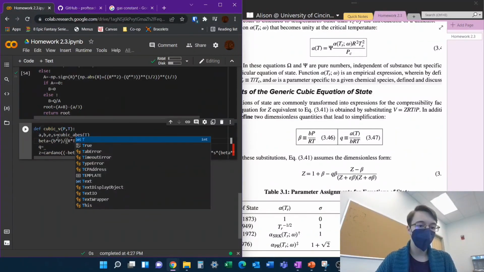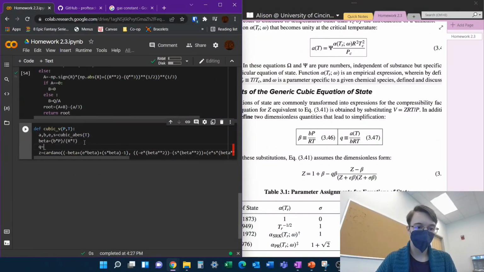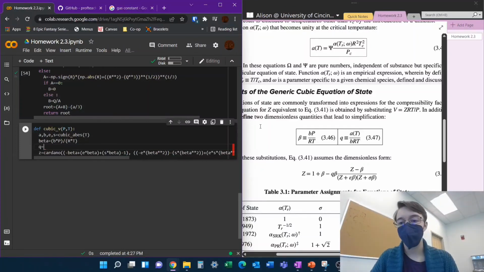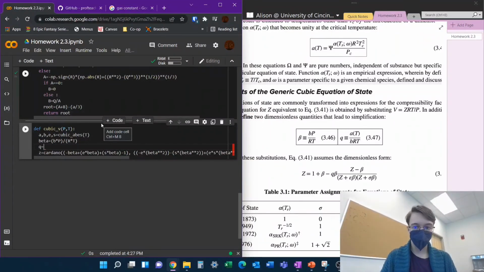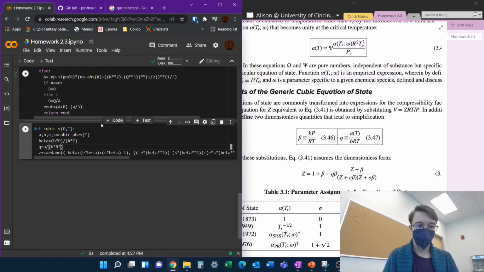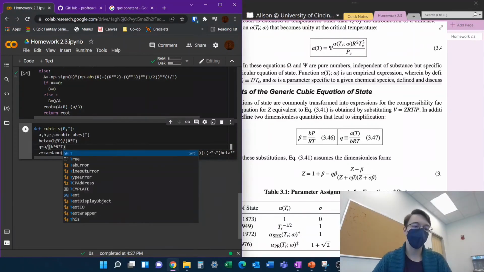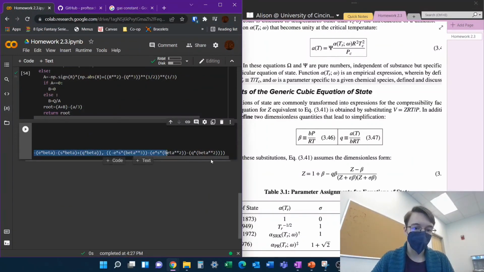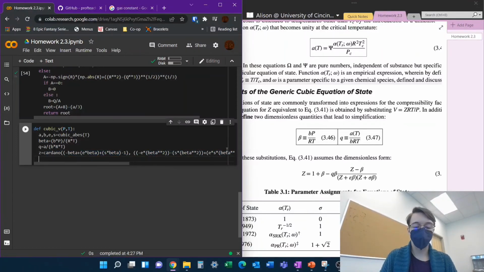And then pressure and temperature are input, and B it gets from there. And then Q is going to be A divided by B times gas constant times temperature. Again, all of this it should have. And then we're going to want it to output Z. So return Z.